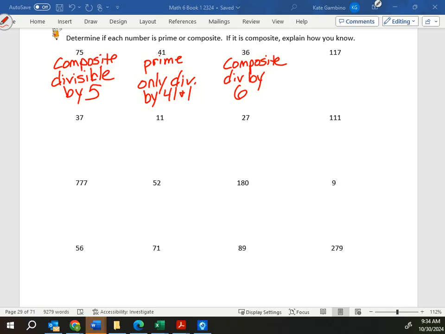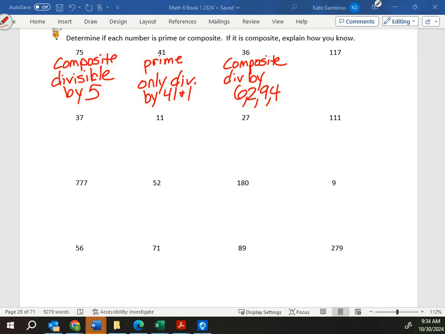You don't have to list all the factors. Just listing one factor it can be divisible by means that it is composite. You could say it's divisible by 6, by 2, by 9, by 4. You can list them all, but you only have to put one. Just putting one other thing besides 36 and 1 tells us it has to be composite.